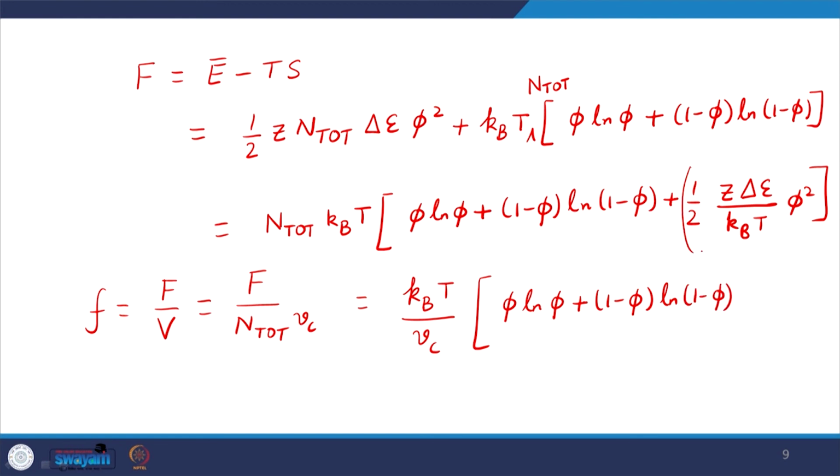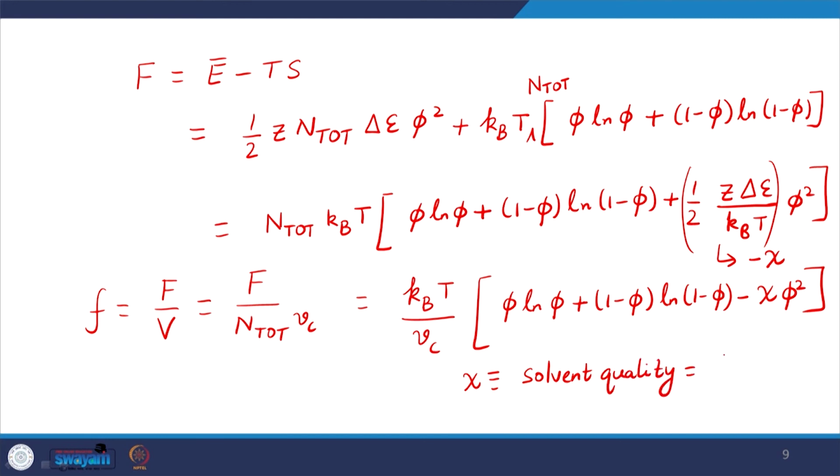This entire quantity I am going to give a name. I will call this minus of chi, and so this will be equal to minus chi phi square. So, the chi that I define is what I call the solvent quality, that is equal to minus 1 by 2 z delta epsilon by kBT.